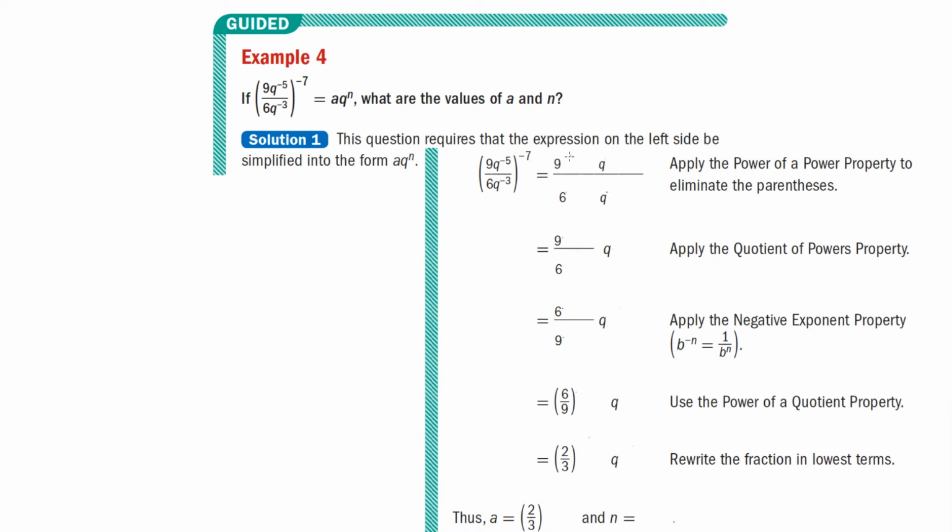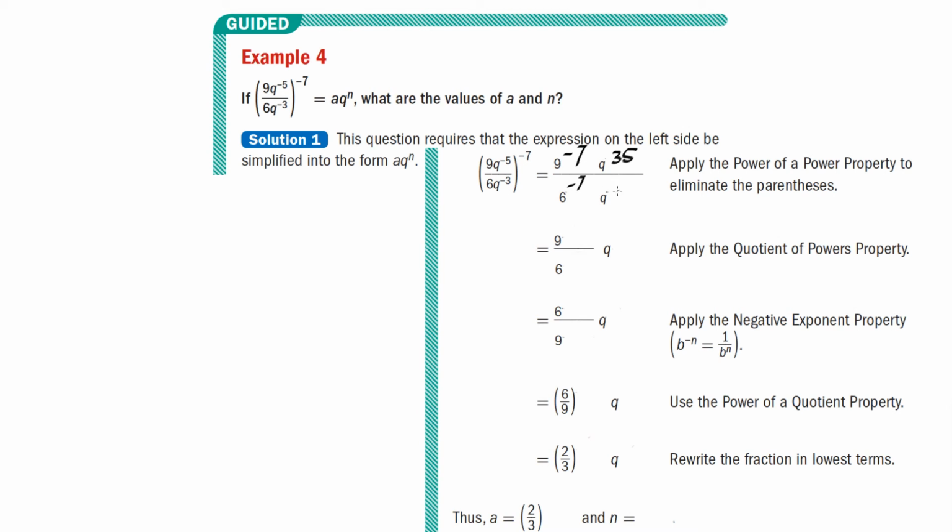A -5 times a -7 is going to be the 35th power. 6 will be to the -7th power. And q is a -3 times a -7, which will be 21, the 21st power.